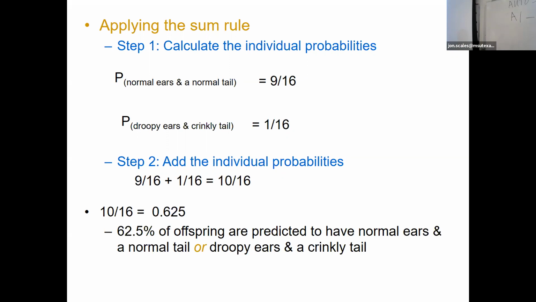Let's say you had a mouse raising facility and you knew people would buy cute little mice. And you also knew that they're really adorable if they have the little puppy dog ears, because their ears are droopy and they have a little crinkly tail. They're like, oh, aren't they cute? And so you know people are going to buy those.